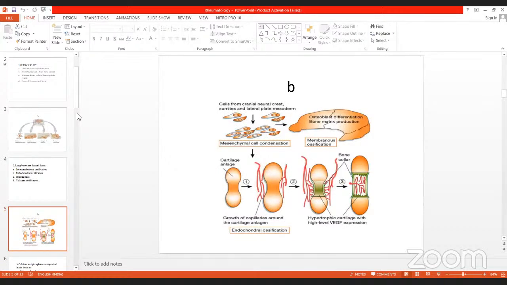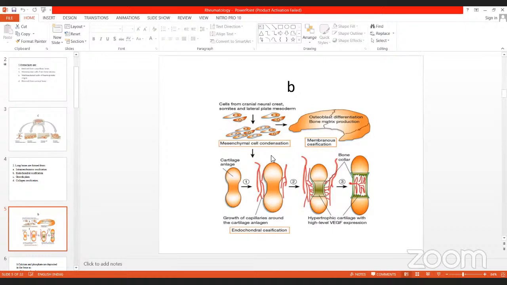Just for your better understanding, I keep this picture, and the option is B. This is the mesenchymal cell.